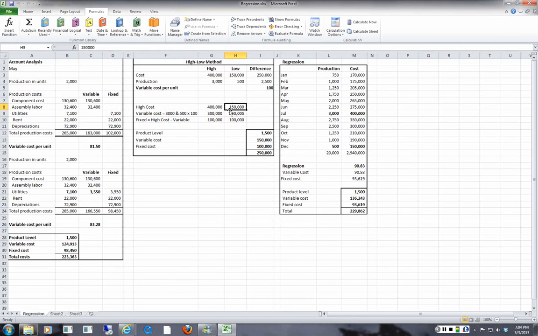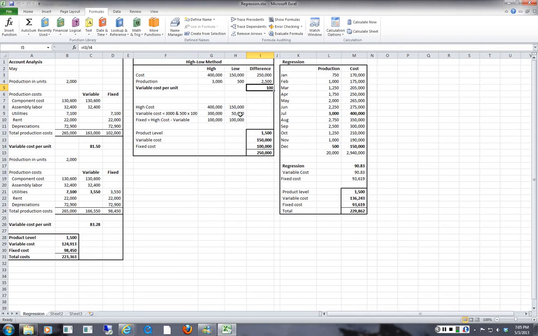The difference between them is $250,000 in costs. The associated units of production are 3,000 for the high and 500 for the low, so the difference is 2,500. Now we divide the 2,500 into the 250,000, and we come up with a variable unit cost of $100.